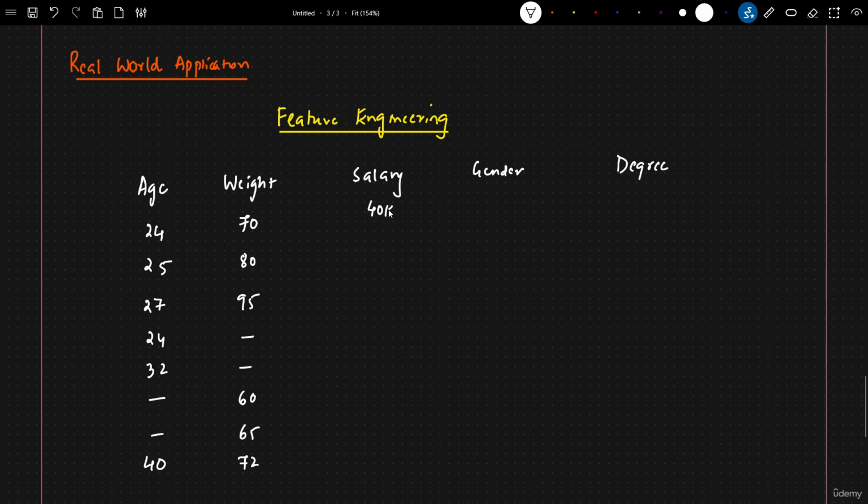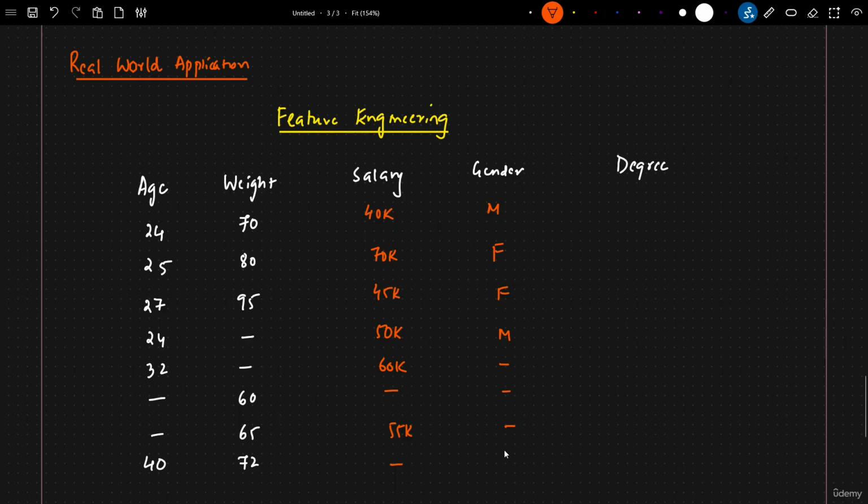Then salary, we have something like 40K. I'll just use this in another color. So I have 40K, 70K, 45K, 50K, 60K, a blank, 55K, and a blank. When I say blank, these are missing values. Okay. Then with respect to gender, I have male, female, female, male.